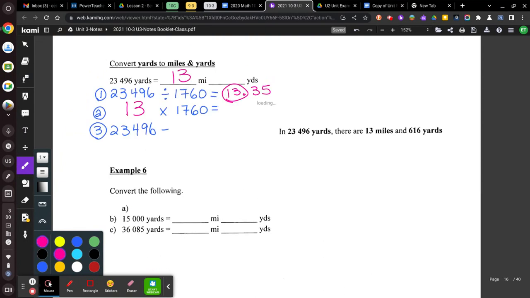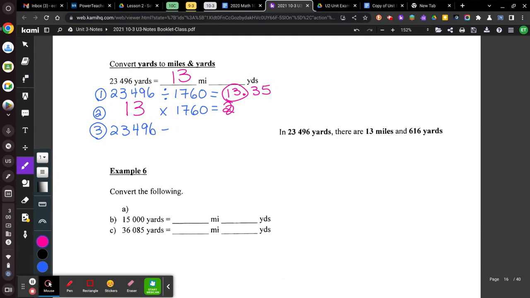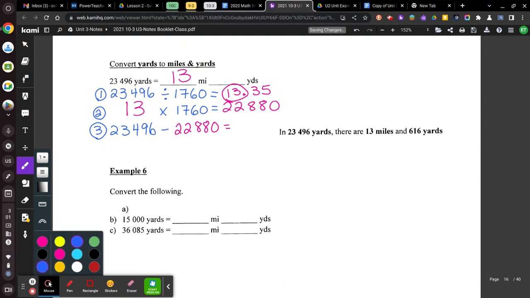I get 22,880. So now I go 22,880 and I subtract. That gives me my leftovers, and I have 616 as a leftover. So that tells me I have 13 miles and 616 yards.